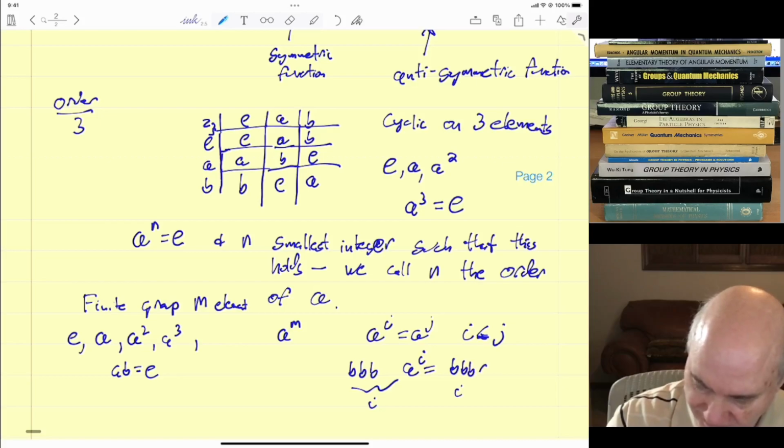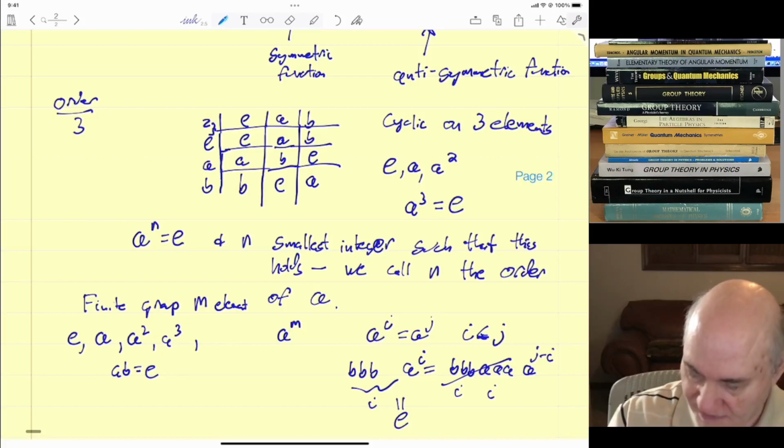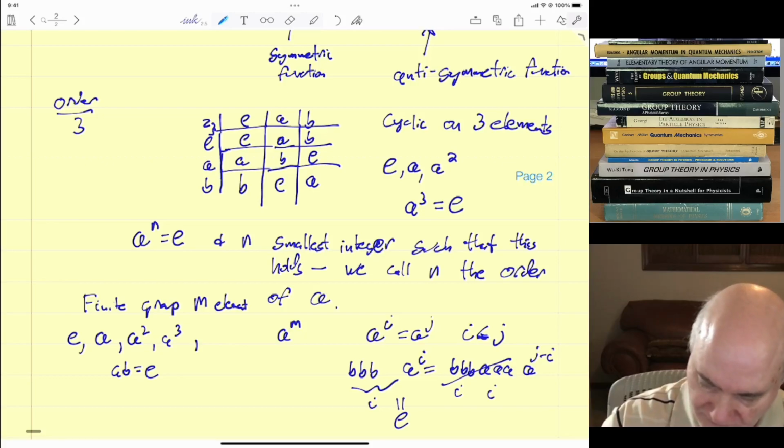I could factor out a, i times, and then I'm left with a to the j minus i. These all cancel, and this ends up canceling to the e. So we're going to get a to the j minus i equals e. So it's fairly obvious, but it's good to work through this.